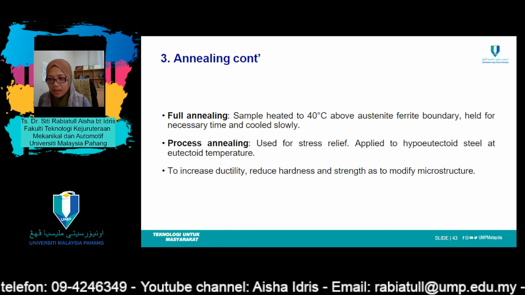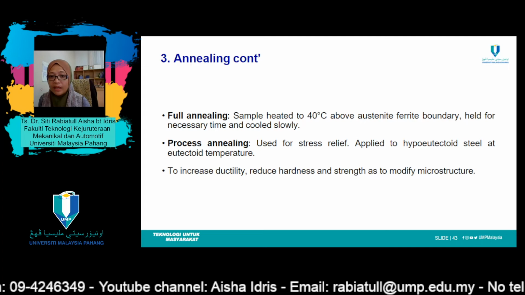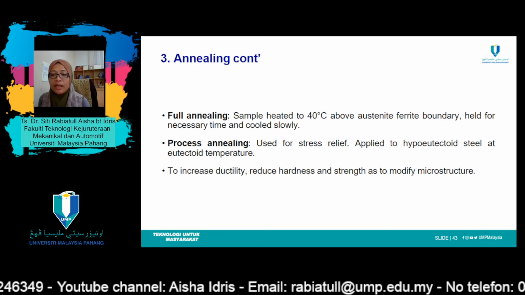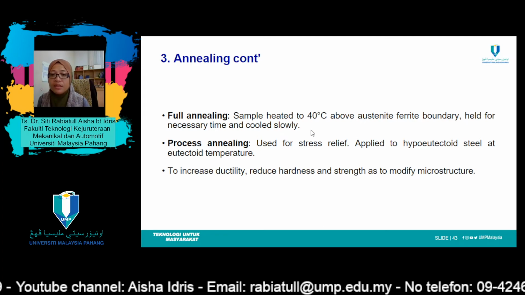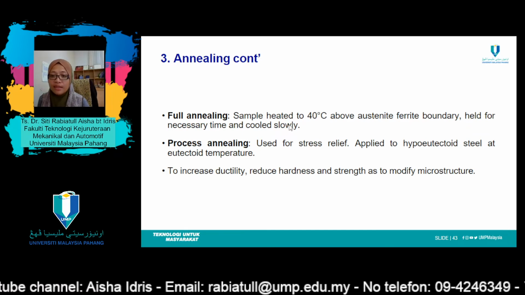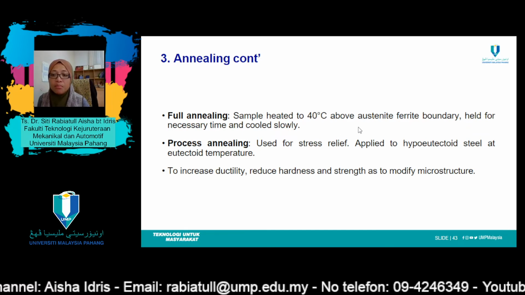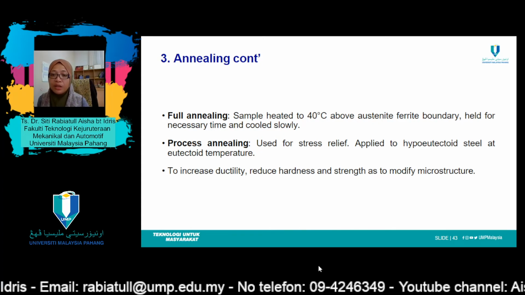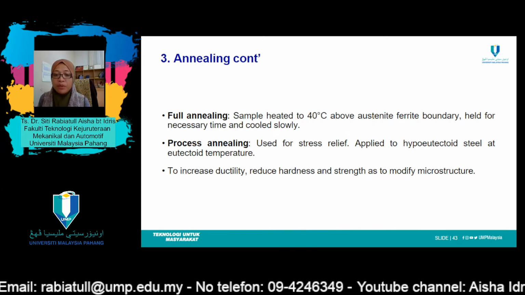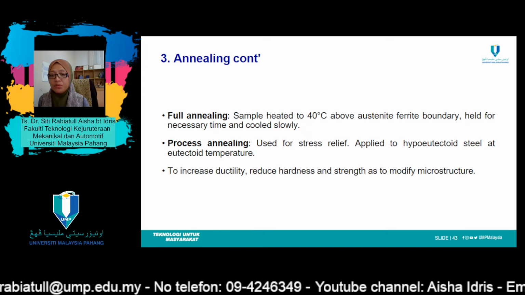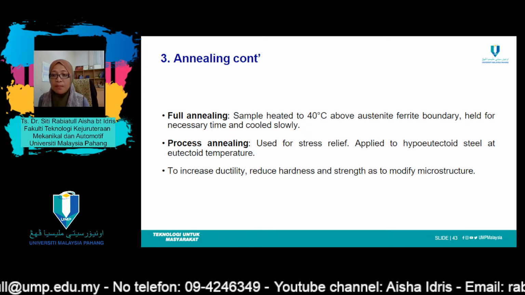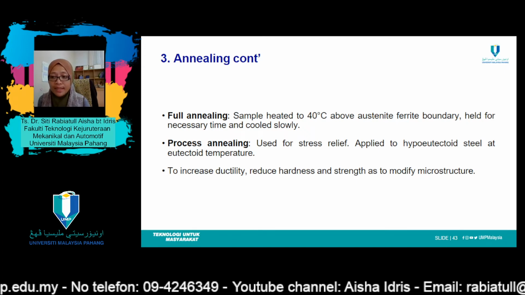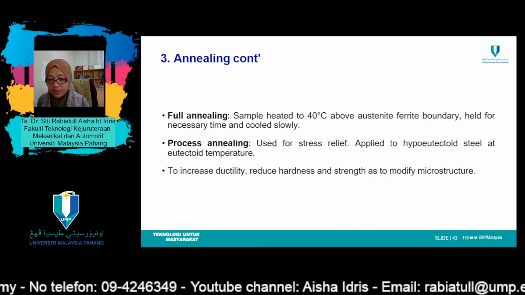In annealing, there's so-called full annealing and process annealing. In full annealing, the sample is heated to 40 degrees C above the austenite-ferrite boundary, held for the necessary time and cooled slowly. Meanwhile, process annealing is used for stress relief, applied to hypoeutectoid steel only at eutectoid temperature.